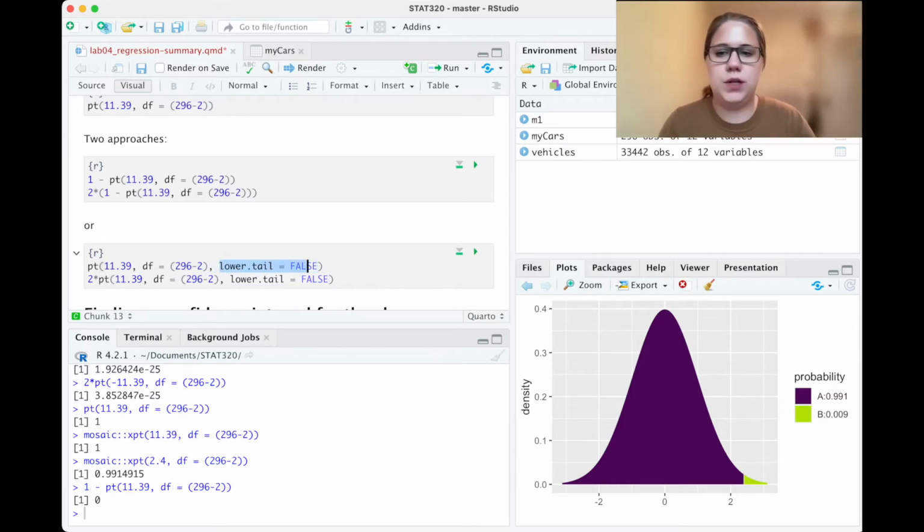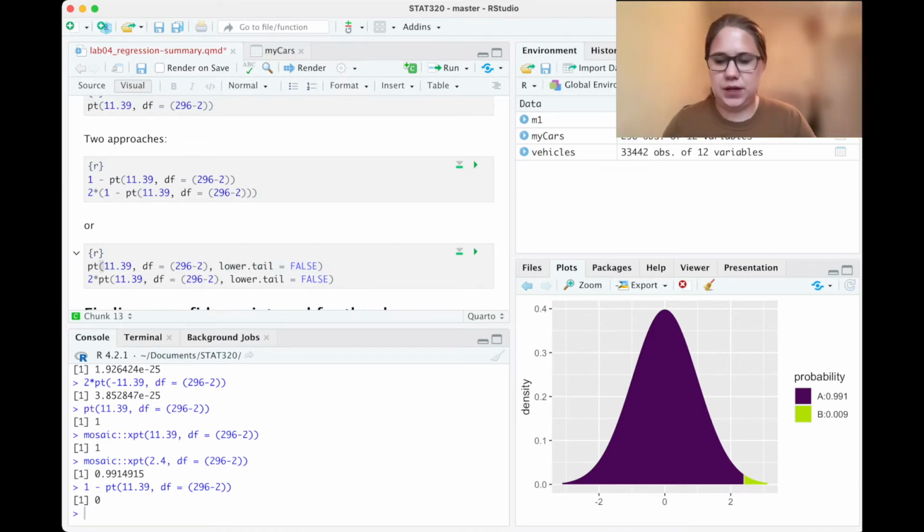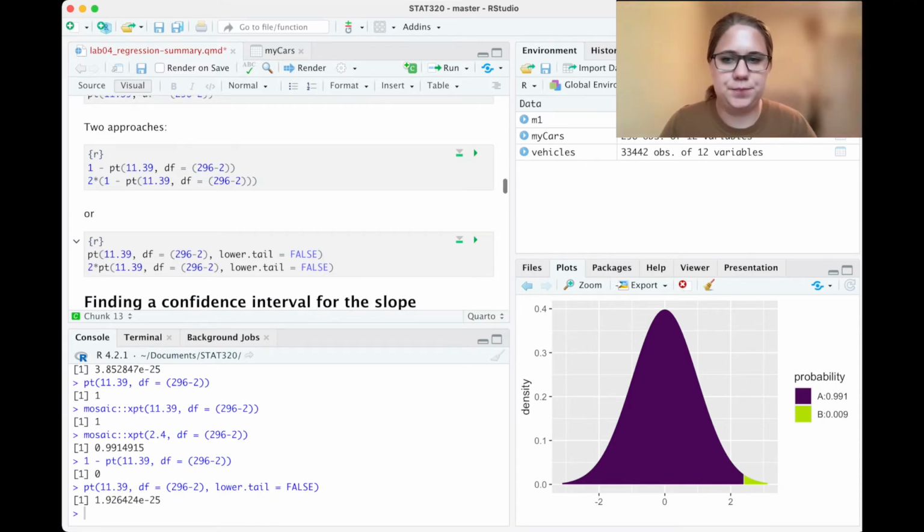So when you put in lower.tail = FALSE, that means don't do the lower tail, the left tail, do the upper tail. And so then that would give you the appropriate p-value. So you kind of have to think about which end of the distribution your test statistic is on, what direction R is going to be thinking about, and how does that all work together.